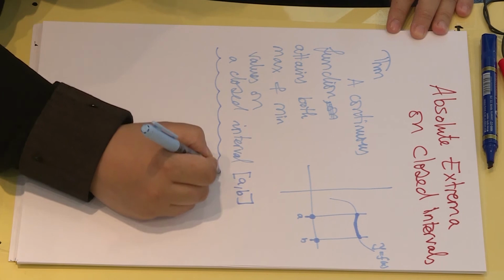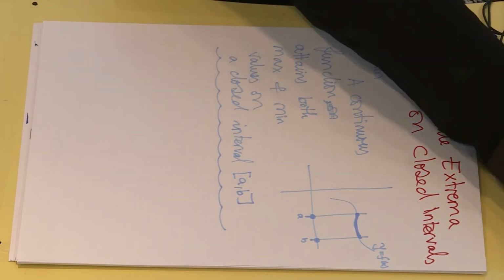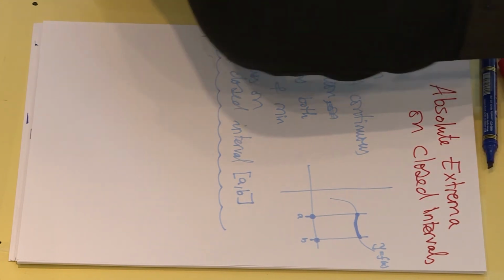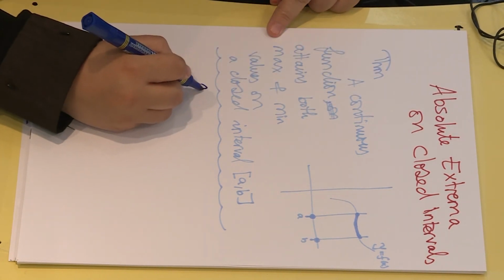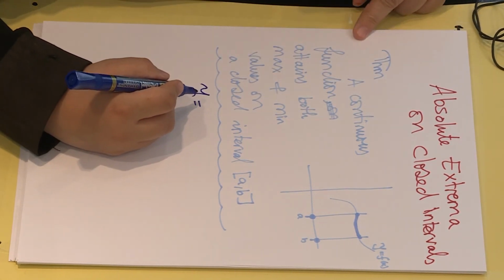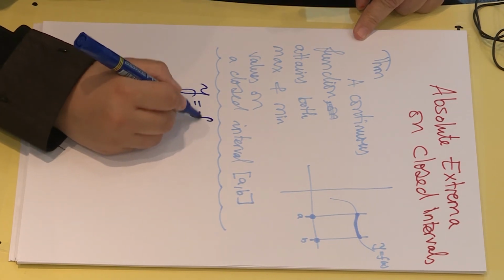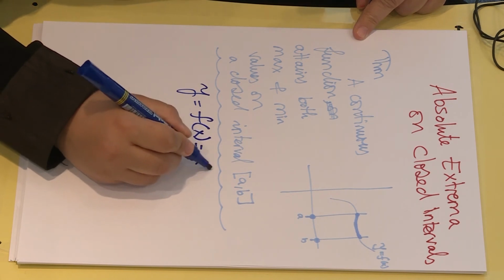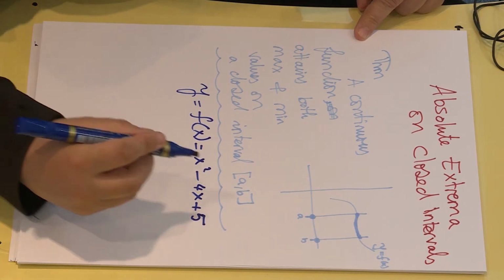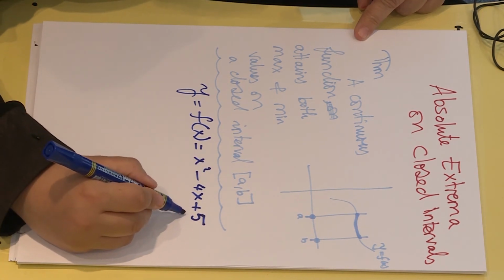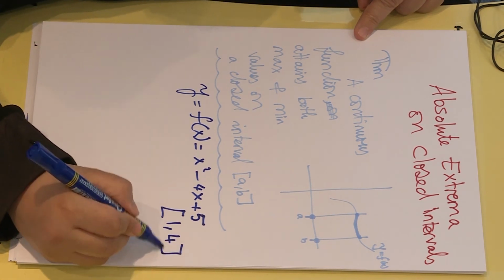Let's take an example on this. For instance, suppose we have the function f of x equals x squared minus 4x plus 5. And we are asked to find the absolute extrema of this function on the closed interval 1 and 4.